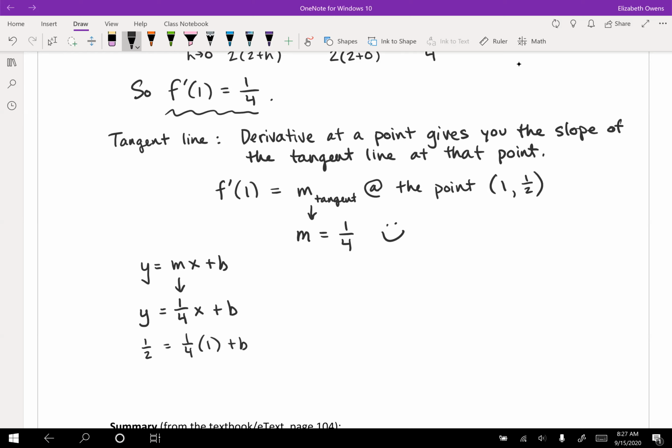So we would have 1/2 equals 1/4 plus b. Let's subtract off 1/4. Okay, 1/2 minus 1/4 is 1/4 equals b. And so our tangent line equation, we have found that really quickly now. It's y equals 1/4 x plus 1/4. And there we go.